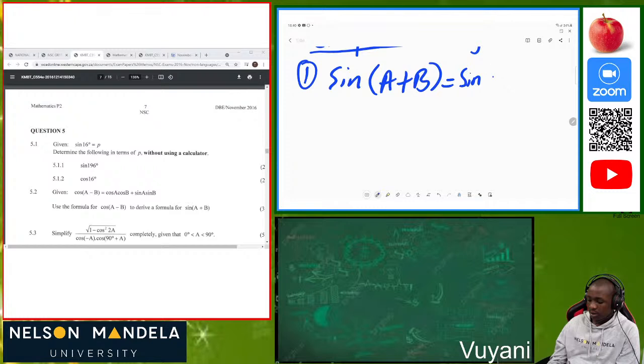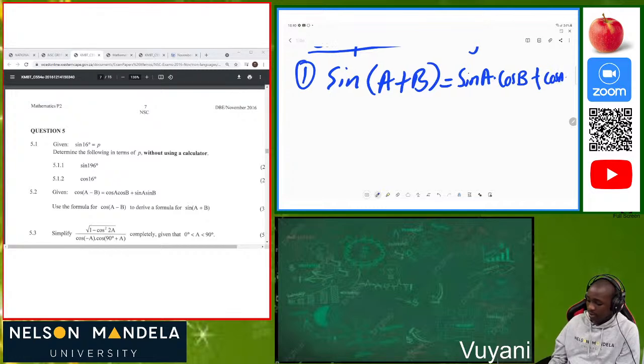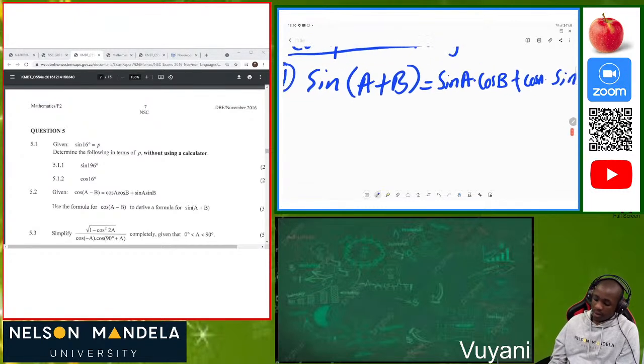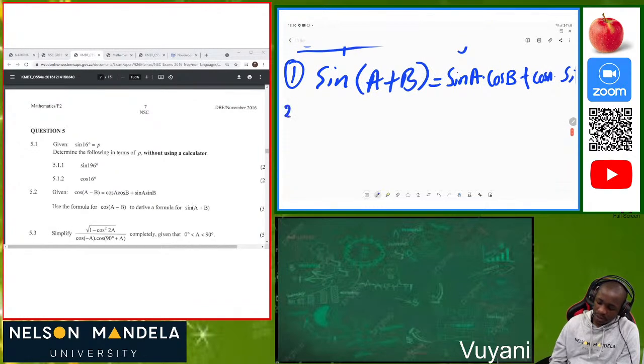times cos of B plus cos of A times sine of B. Then number 2, let me try to write in small red letters.